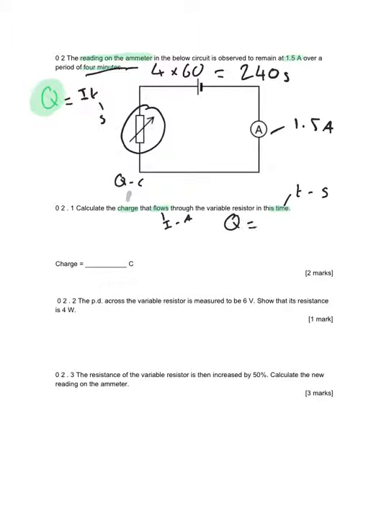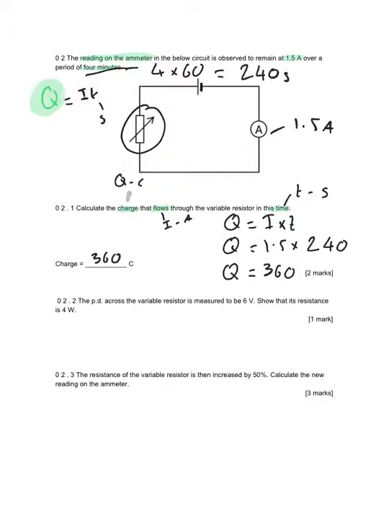Q equals I times T. So Q equals the current of 1.5 multiplied by 240. So Q equals 360. So the overall charge that flows through the circuit is 360 coulombs.